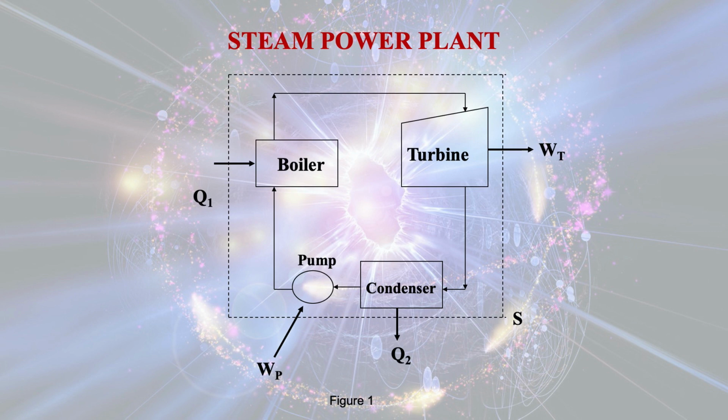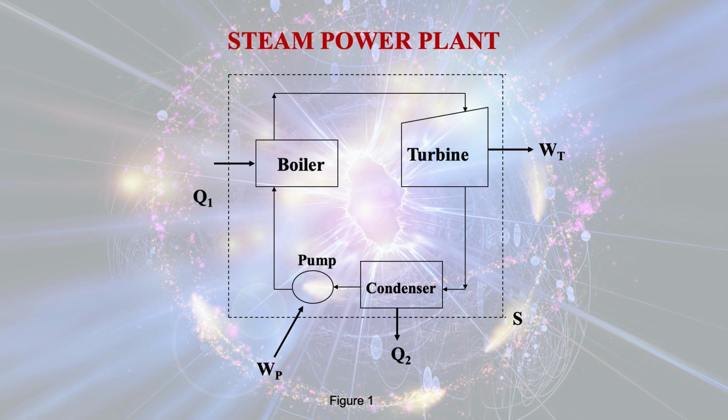The shaft of the turbine is coupled with the shaft of the generator, which in turn produces electricity. The low pressure, low temperature steam enters the condenser, thereby condensing into liquid water, and the pump sends that water back to the boiler, which completes the cycle.